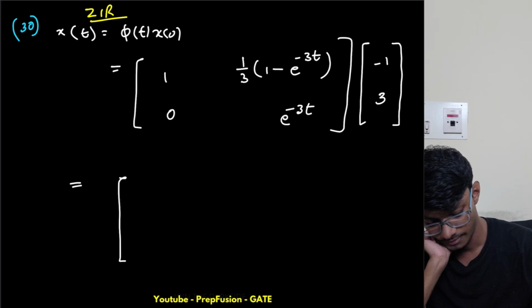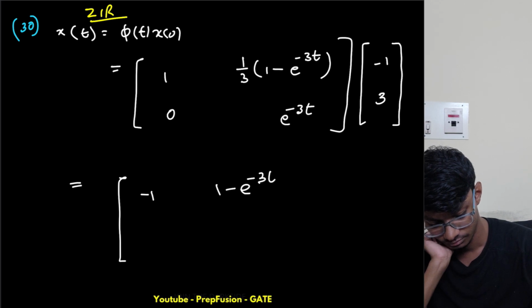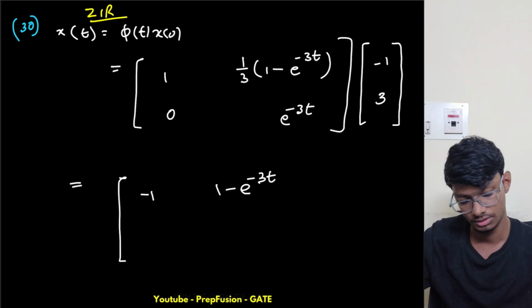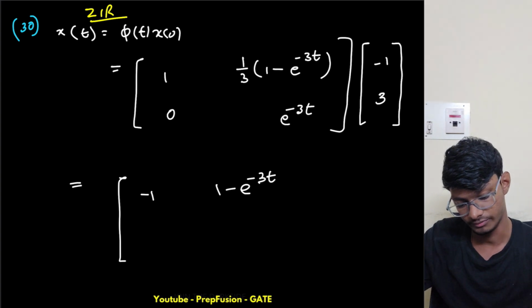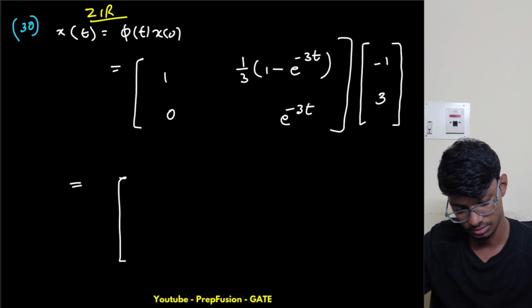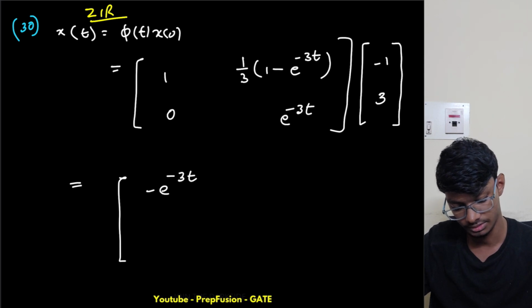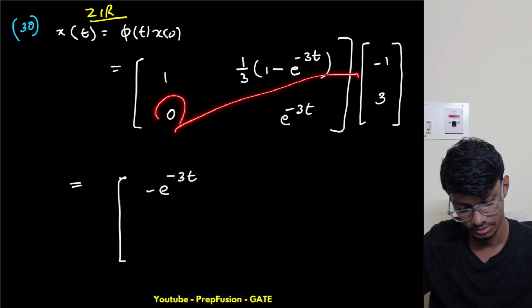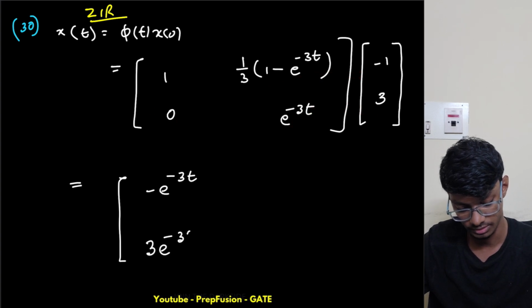So what does this become? Minus 1, this is 1 minus e to minus 3t. Sorry, I have to add this here only. So this becomes e raised to power minus 3t, and this is 0 times minus 1, and this is 3 times e raised to minus 3t.